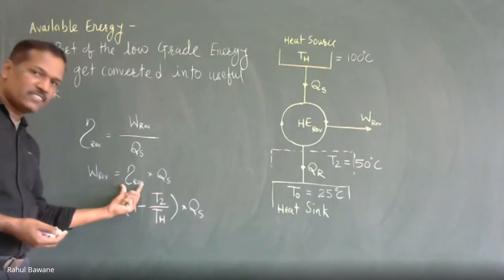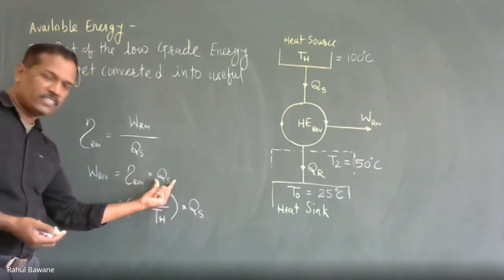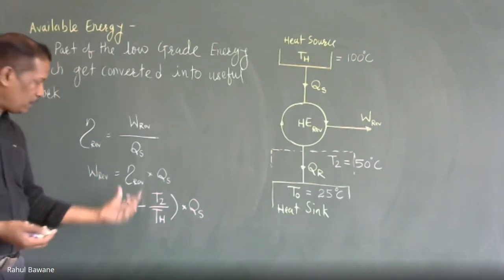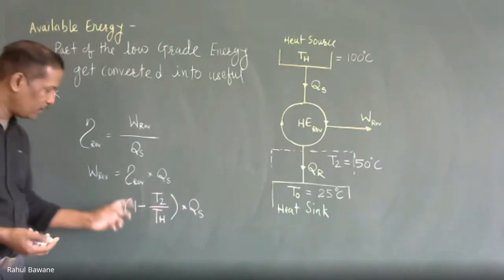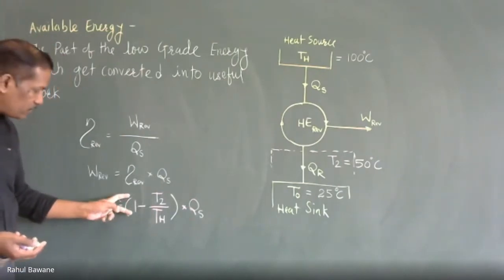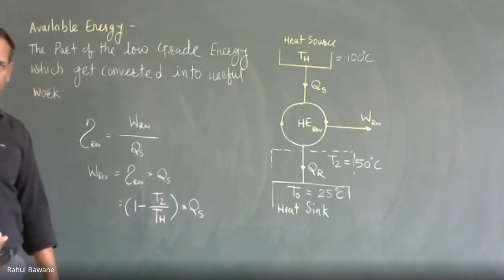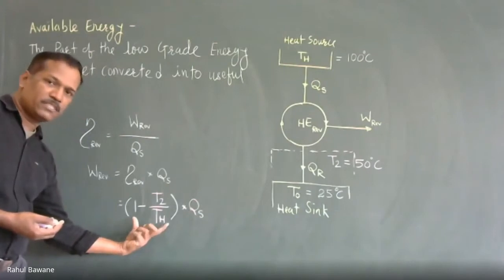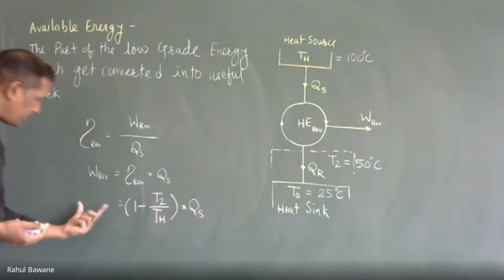If efficiency is 30%, that means 30% of total heat supplied is converted into work done, remaining is rejected. Now, how are we going to calculate efficiency in terms of temperature? So the formula reduces to the final form, 1 minus T2 upon TH. So this much percentage of the total supplied heat is converted into work done.